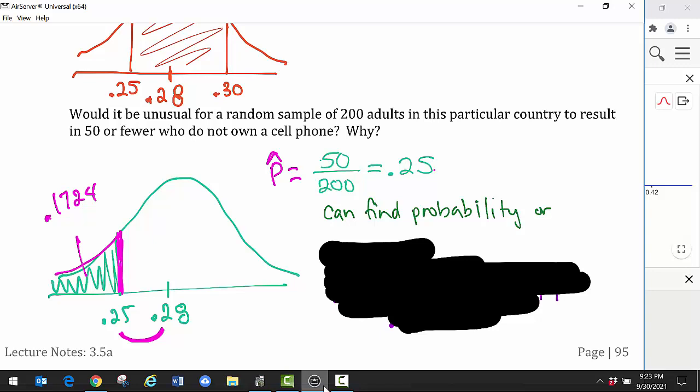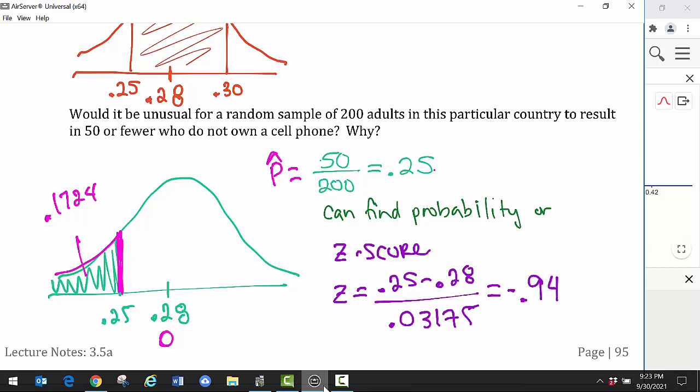Or we could find the z-score to tell us how many standard deviations below average it is, which would mean if this is 0, because this is average, we could plug in what we're looking at, 25%, minus the average, divided by the standard error, which is what we're using as a measure of spread or standard deviation.